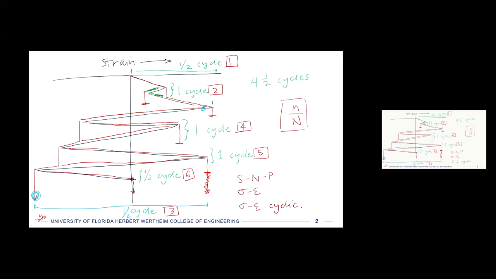So we would calculate, let's say at the first half cycle here, how many cycles I could get at that load level compared to the fatigue strength, and so the number of cycles at that on the S-N diagram. And then you would sum up all of the damage in order to get some damage ratio.